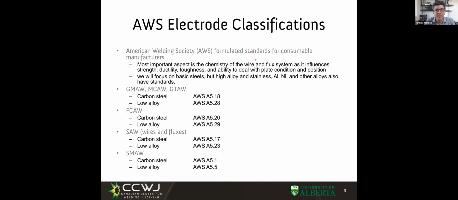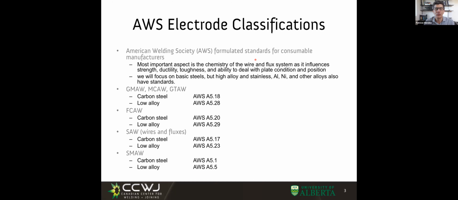The standards are many, right? And what they try to discuss is what the chemistry of the wire is, if we have fluxes, what the chemistry of the flux is, and what type of material they're going to provide. So they discuss what the strength of the material is going to be, in some cases, what the toughness of the material is going to be.